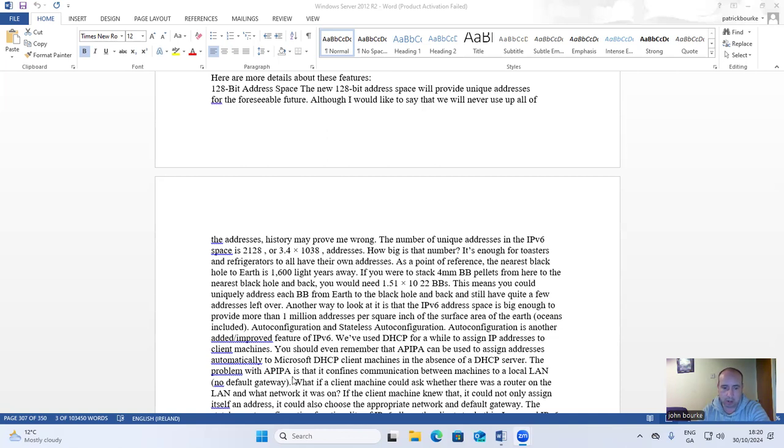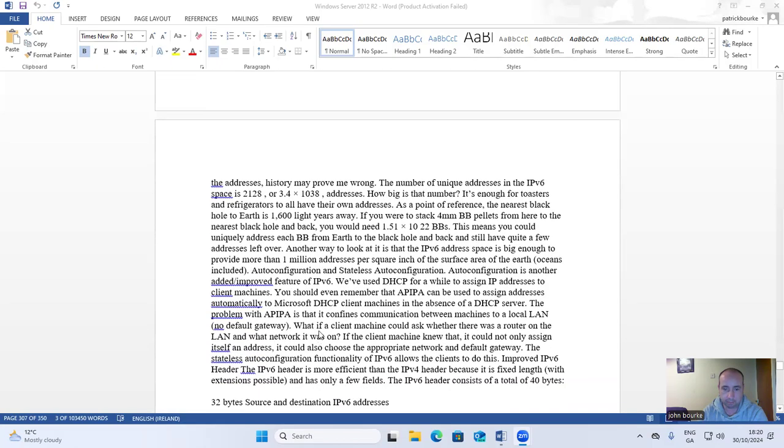The problem with APIPA is that it confines communication between machines to a local LAN, with no default gateway. What if a client machine could ask whether there was a router on the LAN, or what network it was on? If the client machine knew that, it could not only assign itself an address, it could also choose the appropriate network and default gateway. The stateless auto configuration functionality of IPv6 allows the clients to do this.